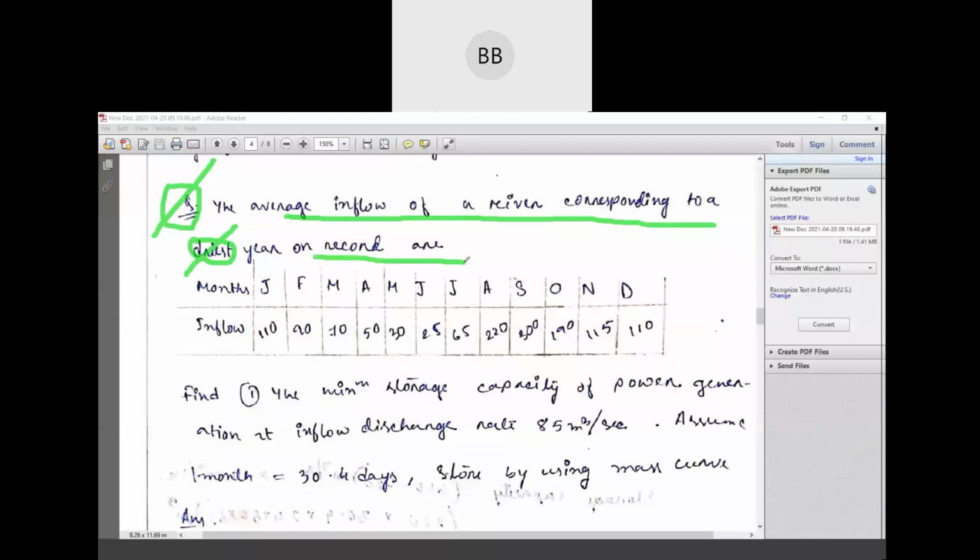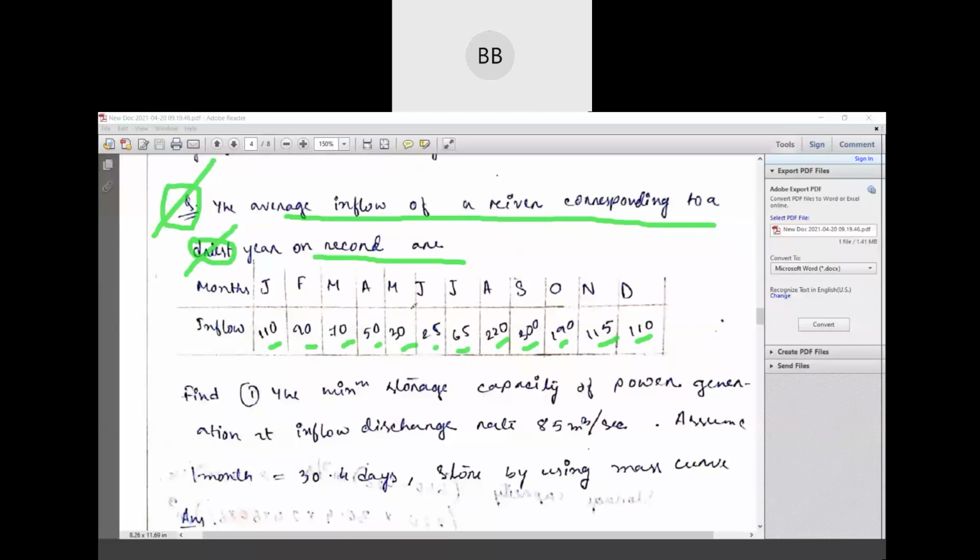So for a particular year we have observed data for each month about the inflow discharge.